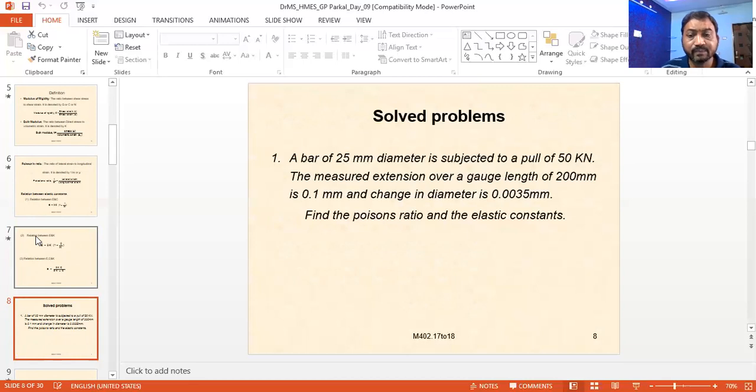So here a round bar is given. It is subjected to a pull force, that is a tensile force of 50 kN, and in this case the extension over the gauge length is given, and also the change in diameter is given. With this data we have to find the Poisson's ratio and the elastic constants.